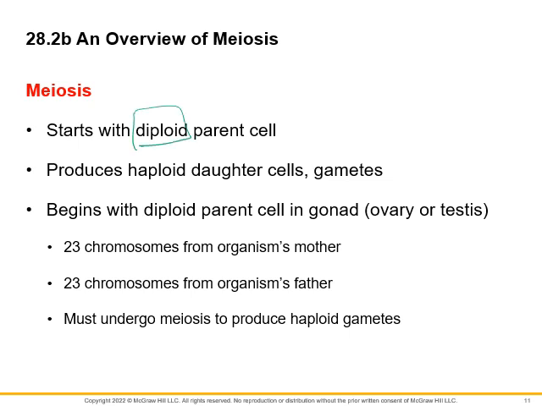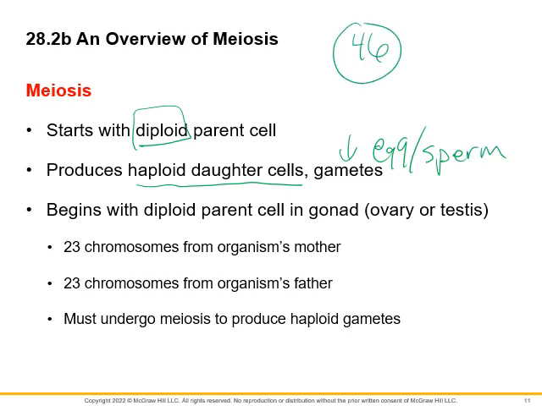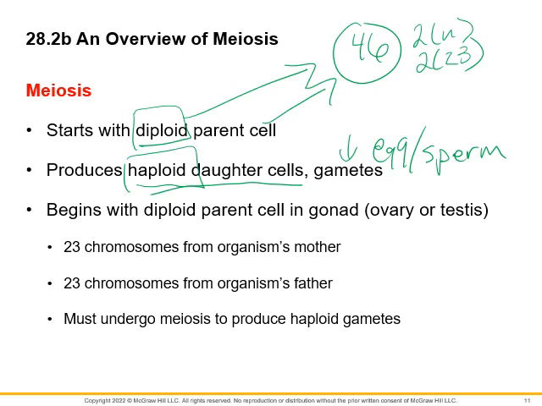Meiosis starts with a diploid parent cell, and it produces haploid daughter cells called gametes. So when you see gametes, you're thinking egg or oocyte and sperm. So you start with a diploid cell, two of every chromosome, 23 pairs, so 46 total, and you are going to produce four haploid daughter cells.